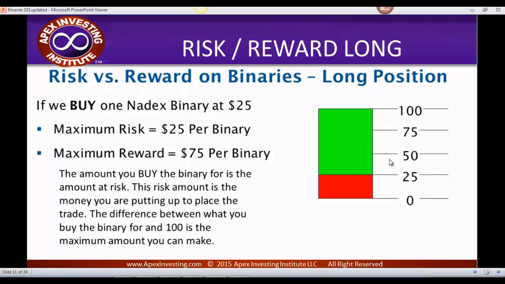Risk reward. So a risk reward on a long position. If we buy one Nadex binary at $25, remember we talked about at expiration, we get 0 or 100. That's how a binary works. At expiration, it's either worth 0 or 100. So let's say you buy a Nadex binary at $25.